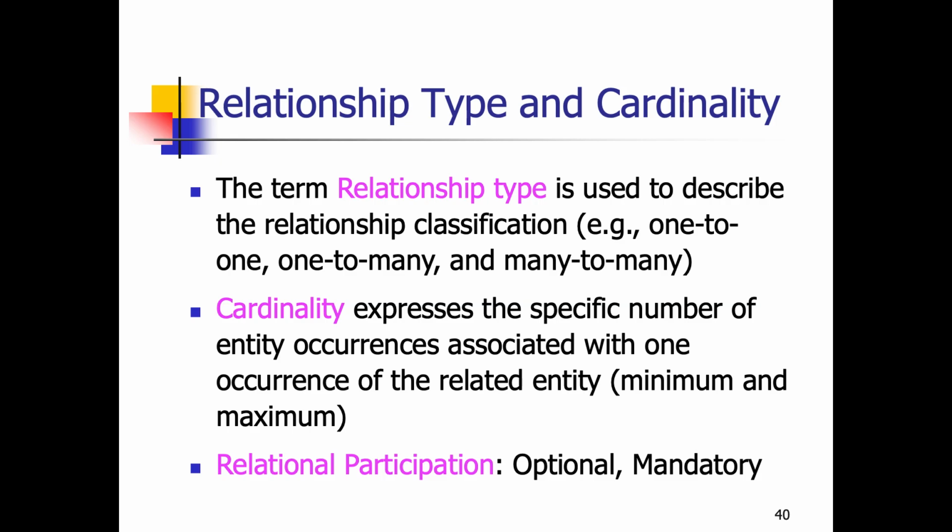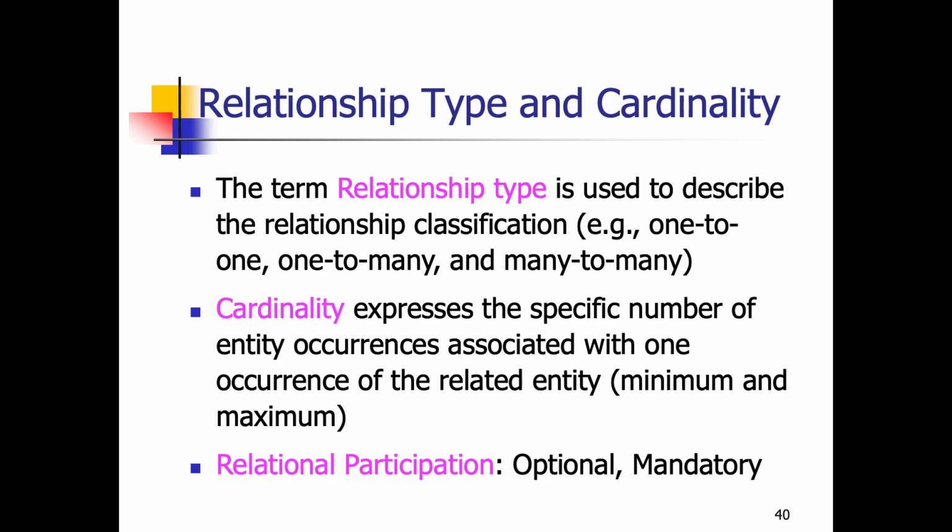Now this relationship, in terms of participation, could be mandatory or optional. When it is mandatory, it means that there should be at least one instance. For example, each student should have at least one supervisor. If we assume that students can have no supervisors, then it is optional.